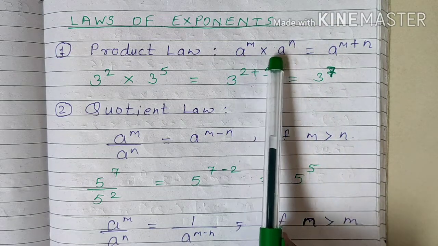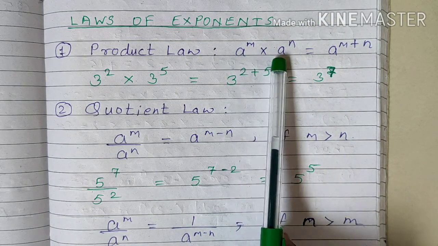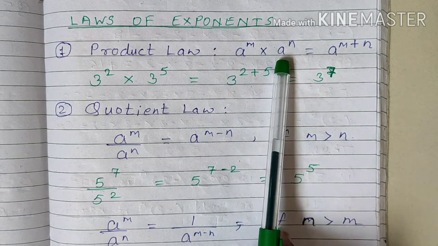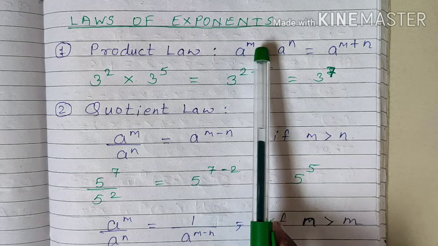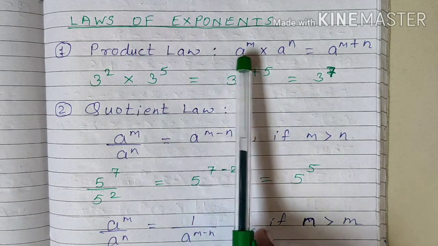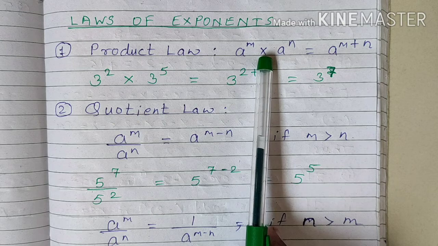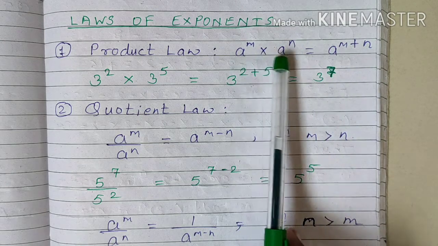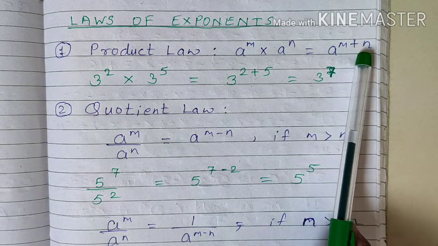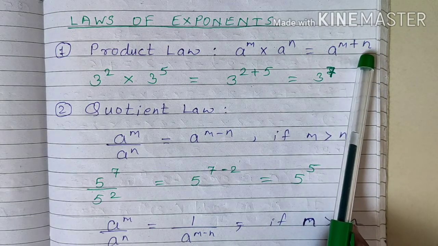This law is applicable only if the bases are the same. A is the base, A is the base, and between these two numbers there is a multiplication sign, or we can say the product sign. So what the law says is, if the bases are equal, then we have to add their powers.